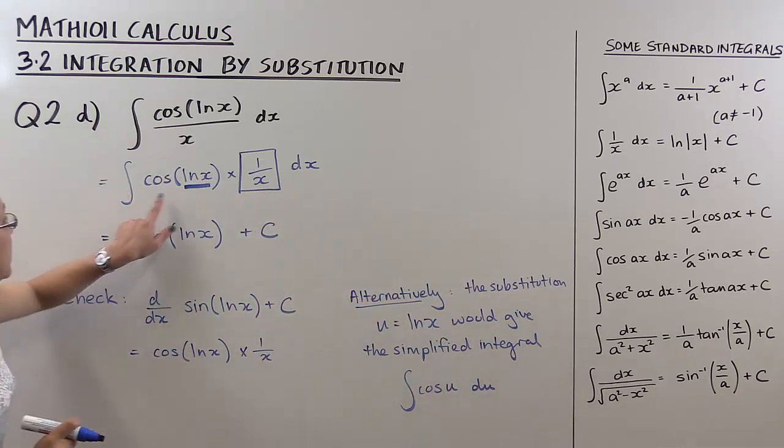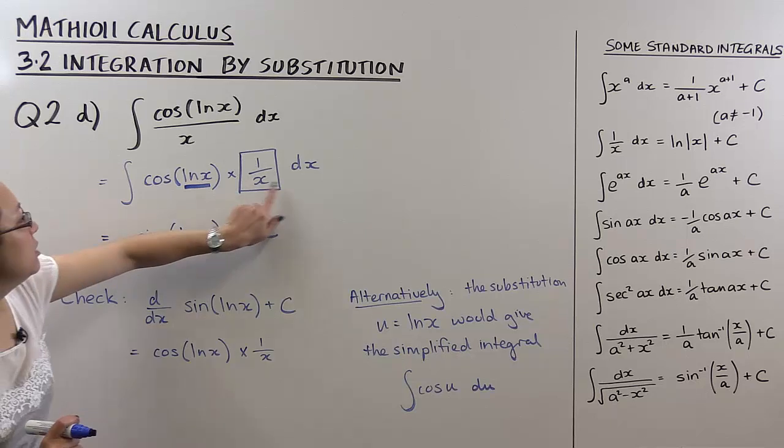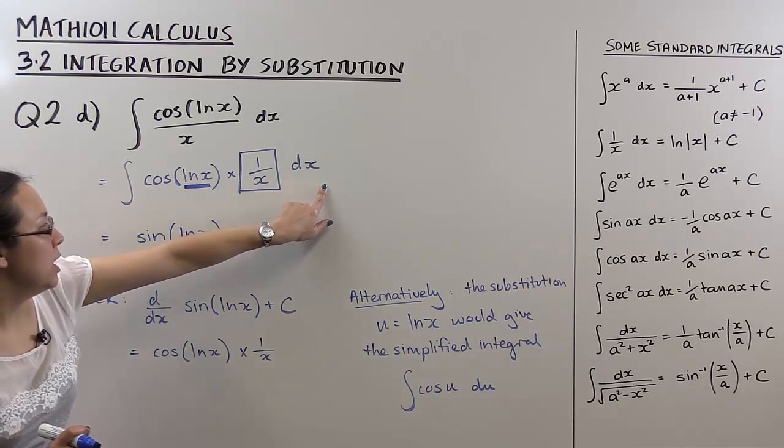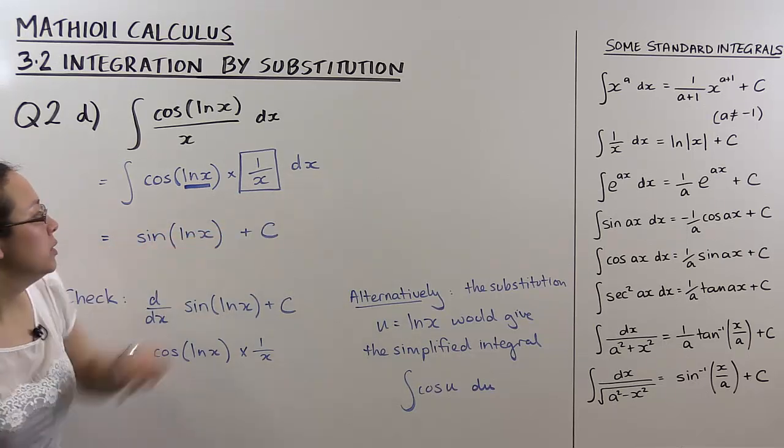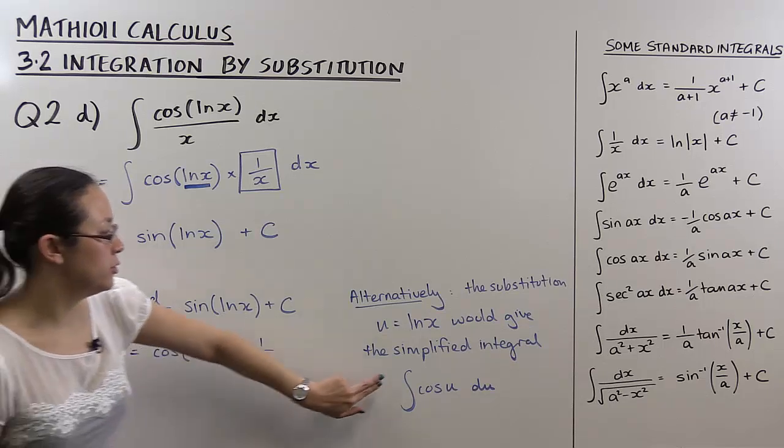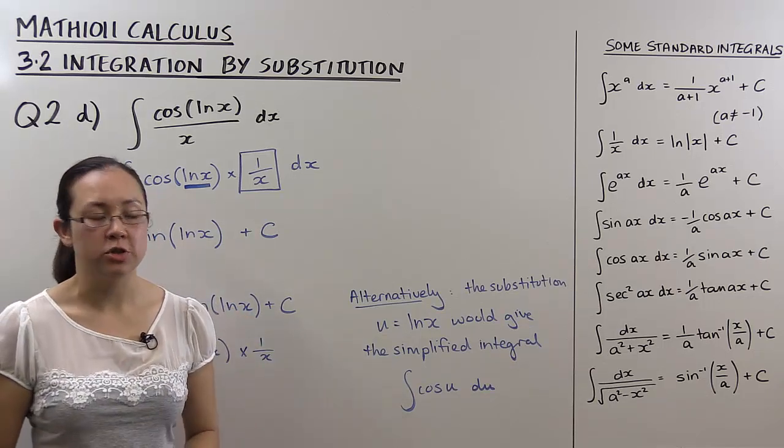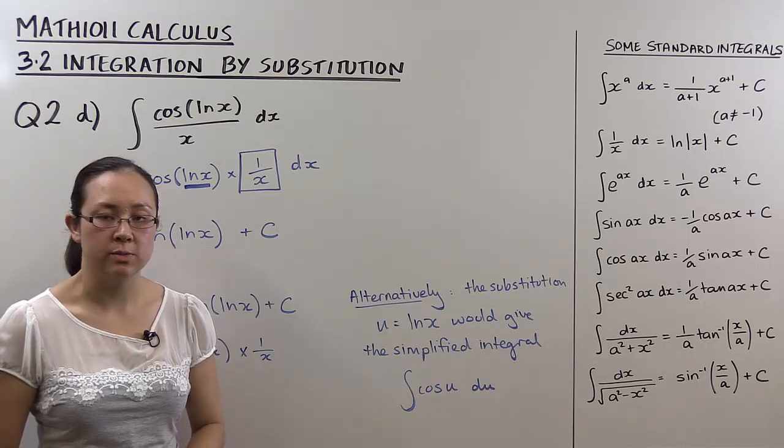So we can see that this would be cos of u, and the 1 on x dx would be replaced by a du with that substitution. So you could more formally do it using a substitution u equals log x there as well.